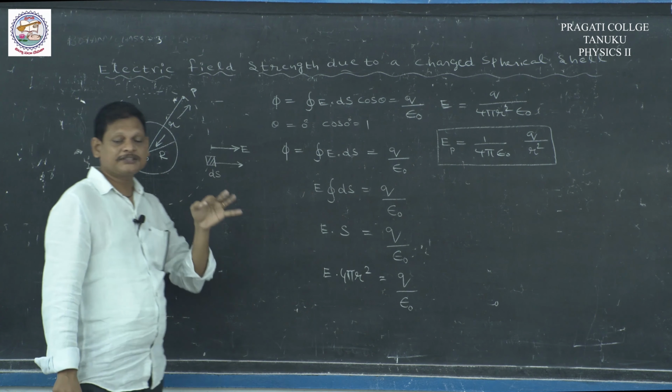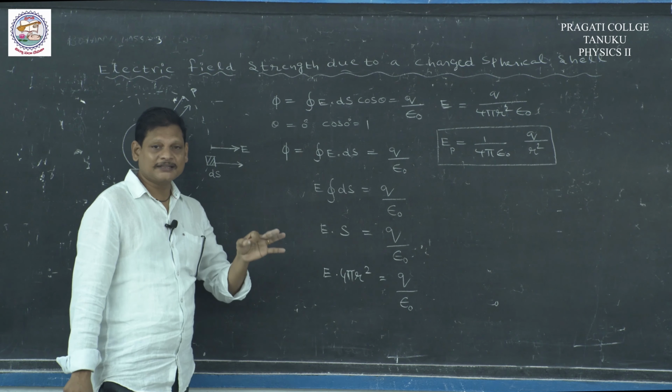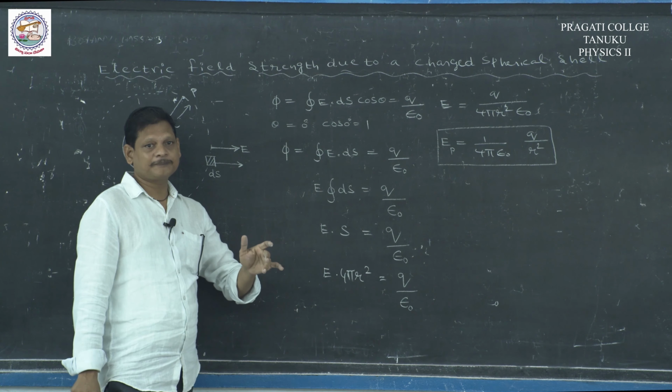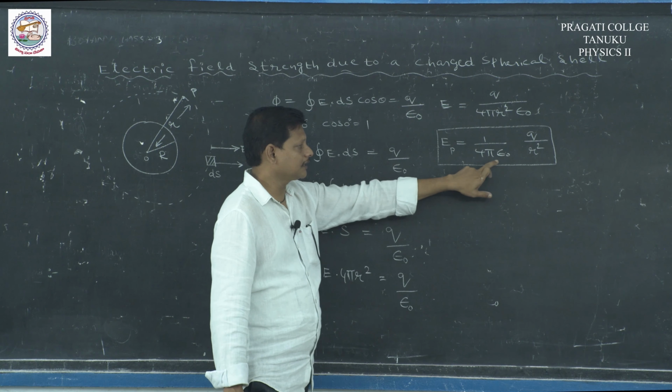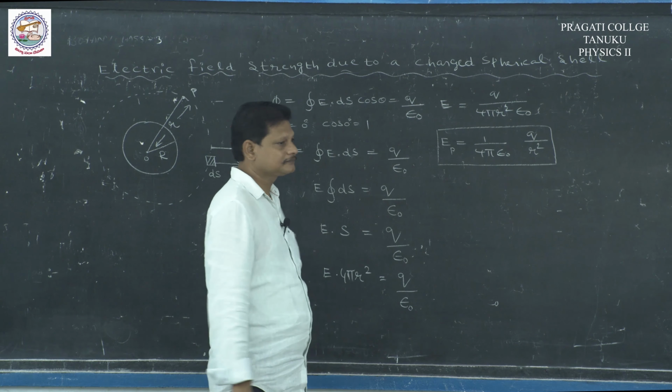The expression for the electric field strength due to a spherical shell outside the shell is 1 by 4 pi epsilon naught q by r square.